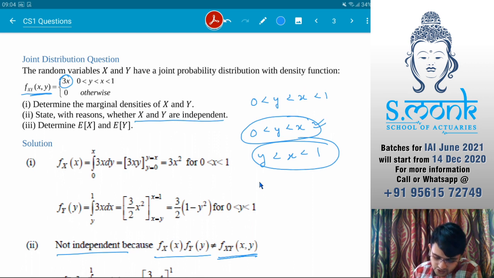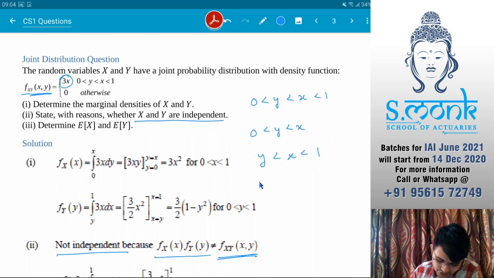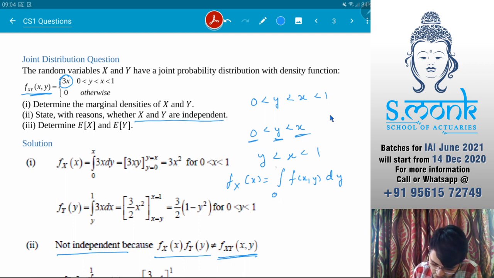Again, whenever you find a marginal distribution, f of x is obtained by integrating for all values of y your f of xy dy. So if you integrate for all values of y, you get the marginal for x. Here y is between 0 to x, so we substitute 0 to x.